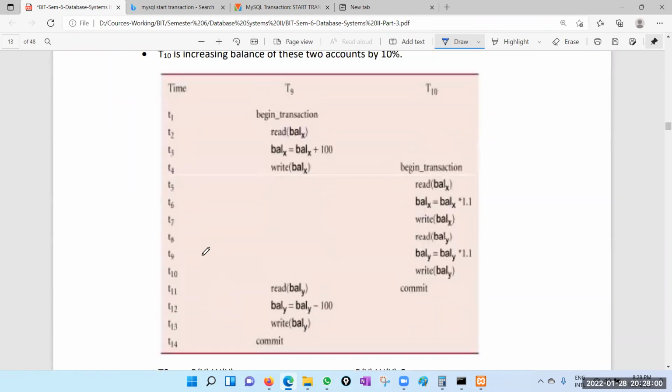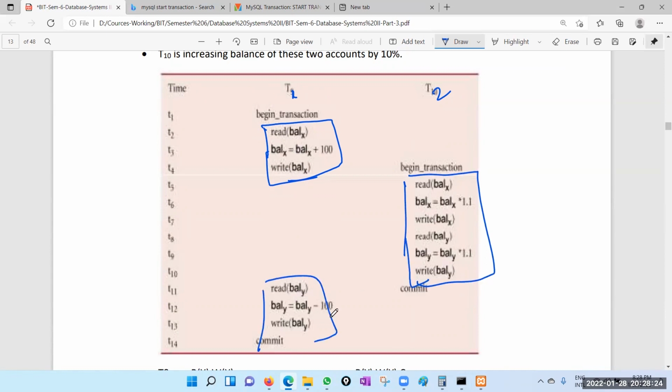Now this is a transaction schedule, and this is not a serial schedule. Why? Some actions of transaction 1 are happening, then transaction 2 activities are happening, then again the rest of transaction 1 is happening.